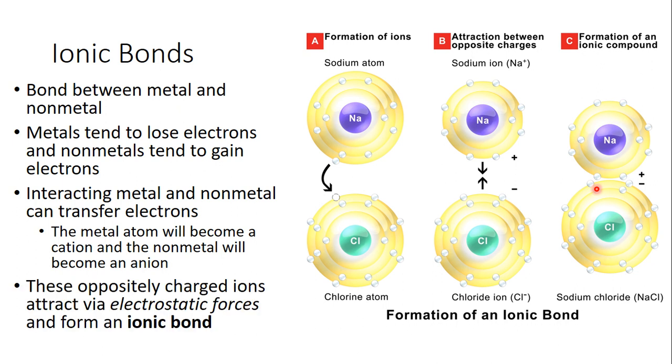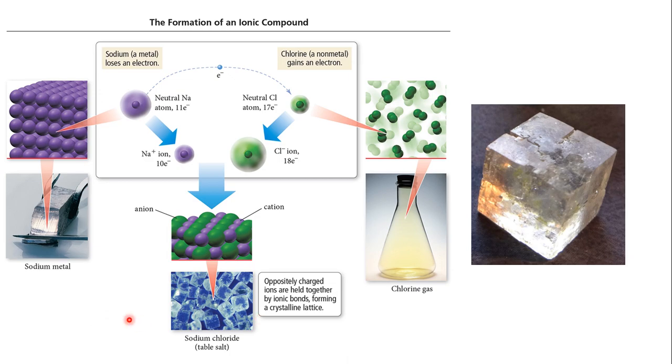That is what an ionic bond is. You have a positive ion and a negative ion, and because of what are called electrostatic forces, or just the forces between the positive end and the negative end, these two atoms don't want to separate, and so you form an ionic bond. And when you form these bonds, you can have really different properties.